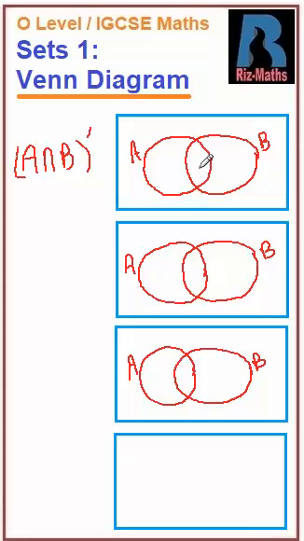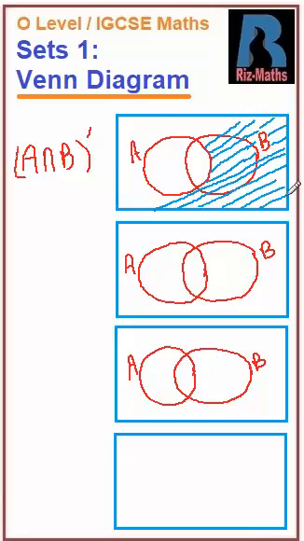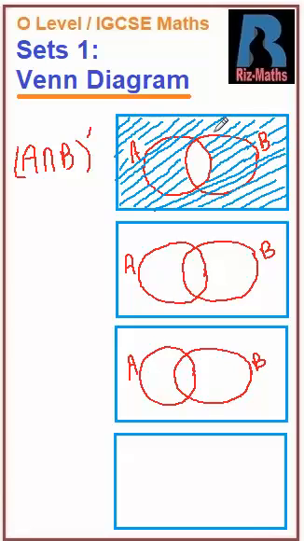So other than this region we'll shade everything. So it means it will be like this. So we are shading everything except the middle common region. So this is left, the rest is all shaded.